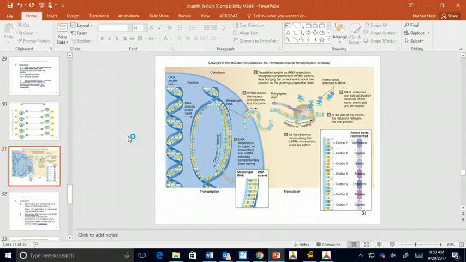So inside that nucleus, when the cell wants to make a protein, it has to go inside the nucleus and get the instructions to make that. What does that are these messenger RNAs.